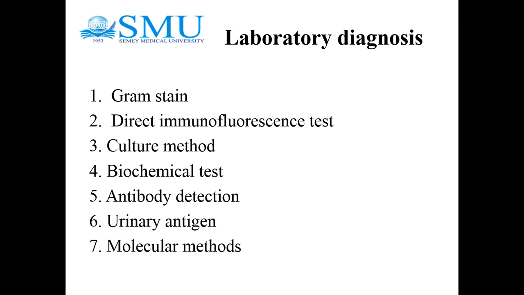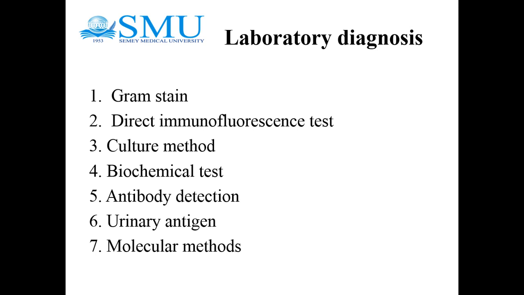Silver impregnation and Giemsa stains can be used. The direct immunofluorescent test using monoclonal or polyclonal sera is more specific, but its sensitivity is poorer than culture. It is more useful in advanced stages of disease.